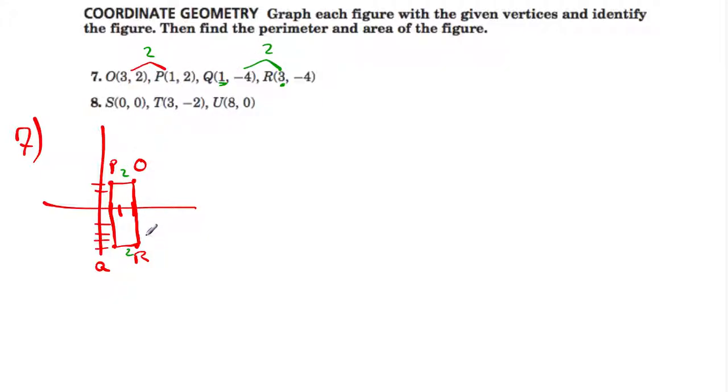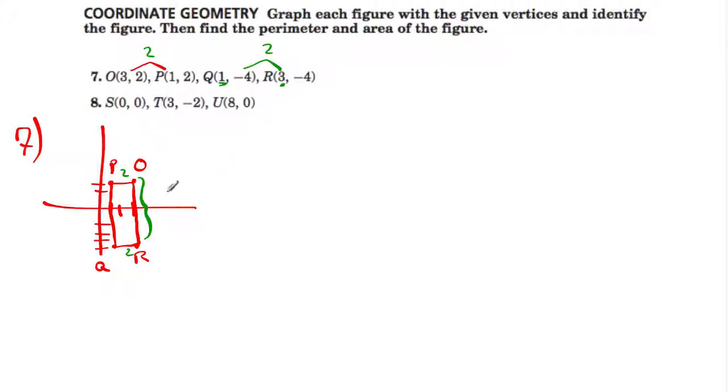The distance from O to R, so this long distance here, the x-coordinates are the same. Notice we have x's as 3's. So what's the difference in the y's? Well, the difference in the y's is that we have 2 to negative 4.